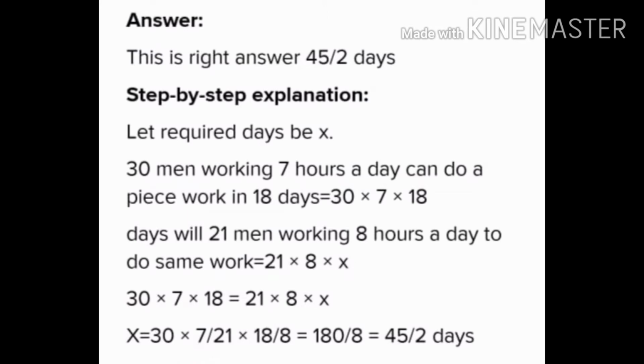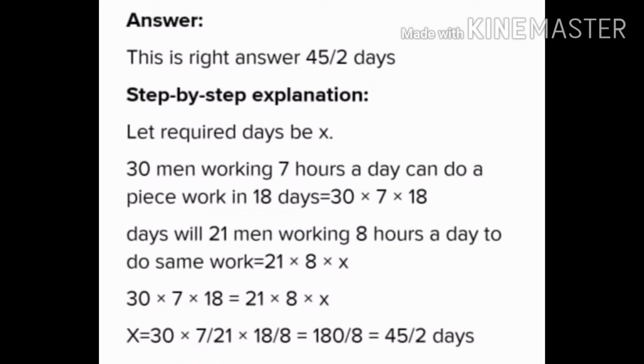Step by step explanation. Let the required days be x. 30 men working 7 hours a day can do a piece of work in 18 days. So 30 into 7 into 18. Use the simple formula MDH, where M means men, H means hours, D means days.